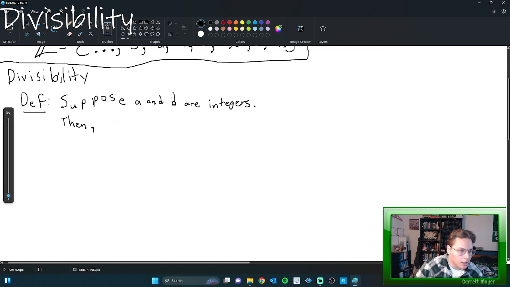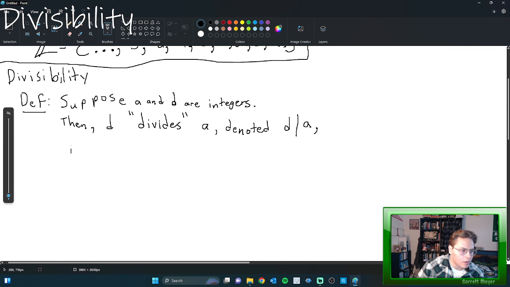Then D divides A, or is a factor of A, or you'll see different ways of saying the same thing, which we're going to denote as this. D divides A. That's what this symbol means, this little vertical line denotes D divides A.